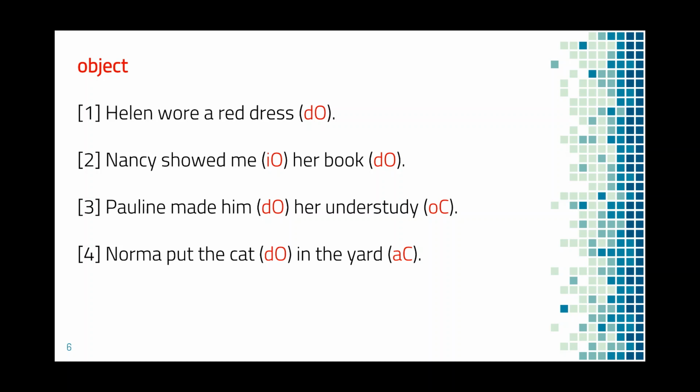Also, some transitive verbs require adverbial complement. As in example number 4, Norma put the cat in the yard. Now the cat is direct object, and in the yard, this is a prepositional phrase, and it functions as adverbial complement.